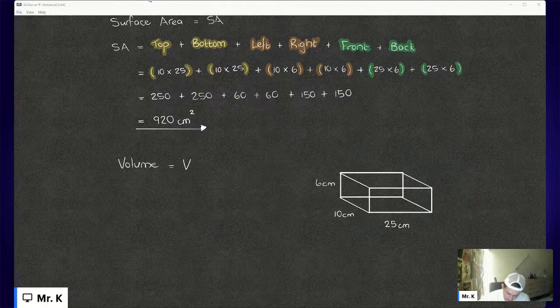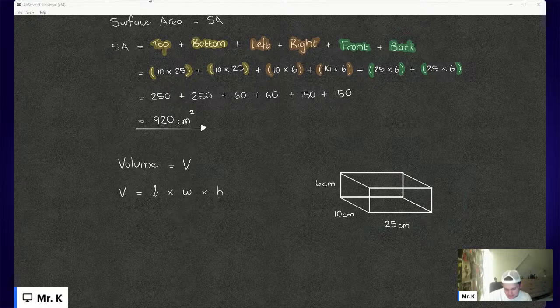Looking at my shape over here, I was already told that the volume of a rectangular prism specifically is the length times the width times the height of my prism. The length comes first. That would be this 25 centimeter length over here. So we can fill that into L's place.